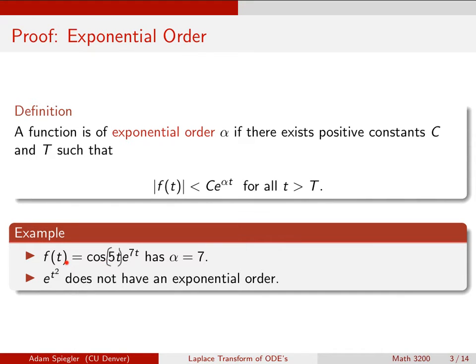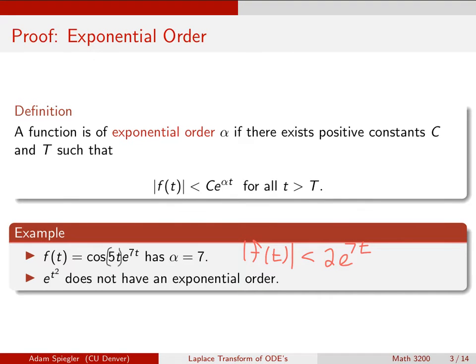So the absolute value of f, we can write like so, is going to be less than, for example, 2 times e to the 7t. So therefore, there's our constant c. We can set c equal to 2, and this is going to be true actually for all values of t, lowercase t.